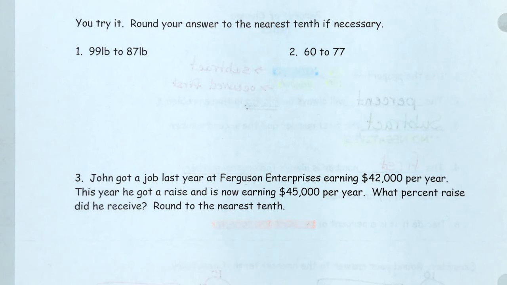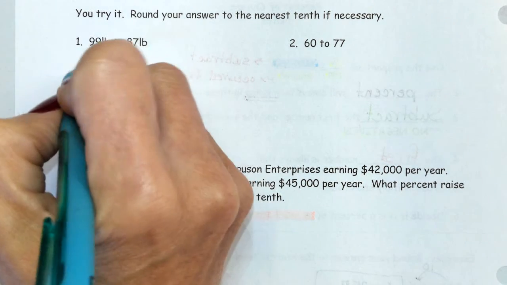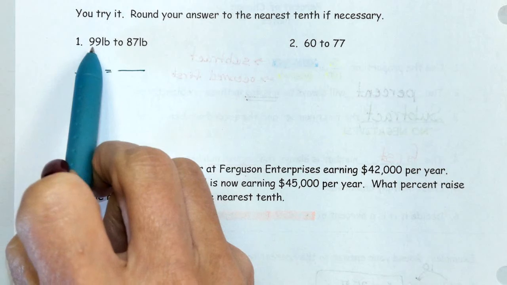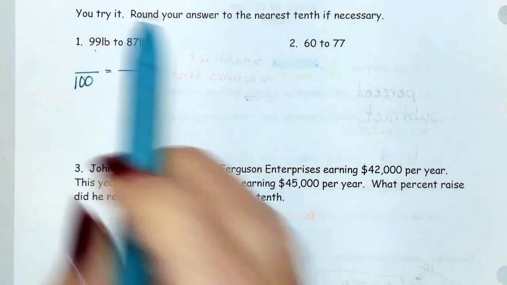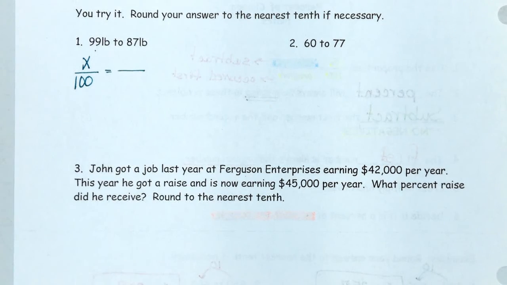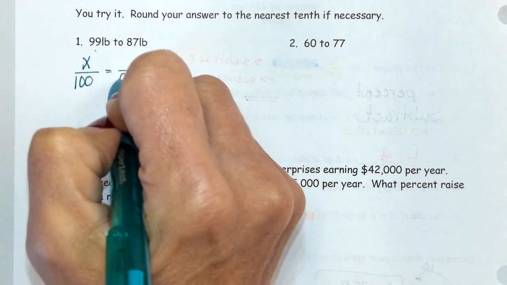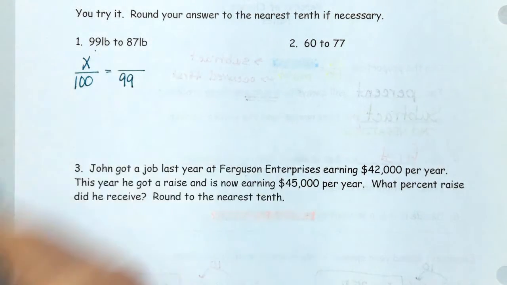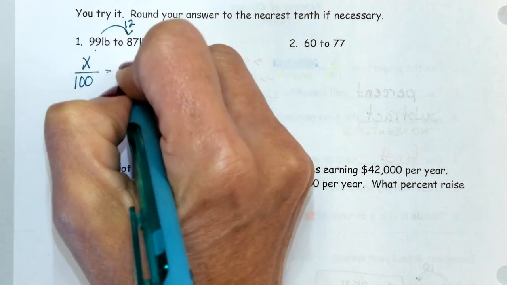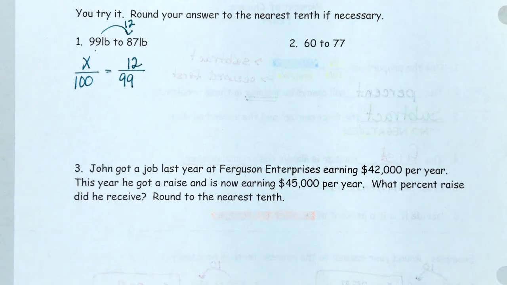All right, ladies and gentlemen, let's see how you did. So on the first one, we're going to set up our proportion, put in our 100. Originally, we were 99 pounds, and we lost some weight, went down to 87 pounds. So we're going to put our X here because we're looking for our percent. Originally, weighed 99 pounds, went down to 87. That's a difference of 12 pounds. Okay?